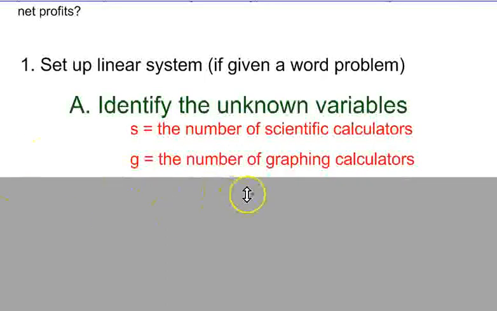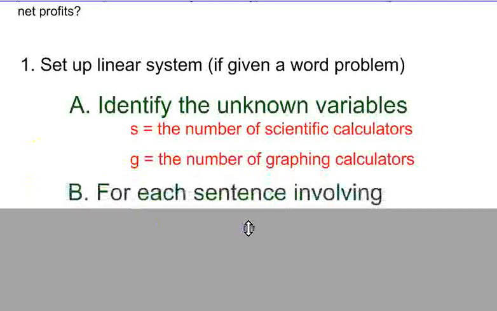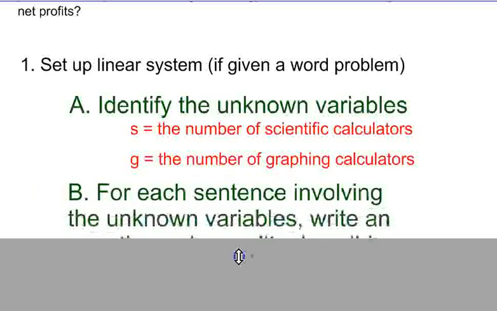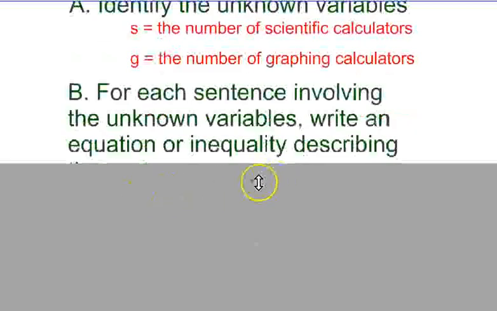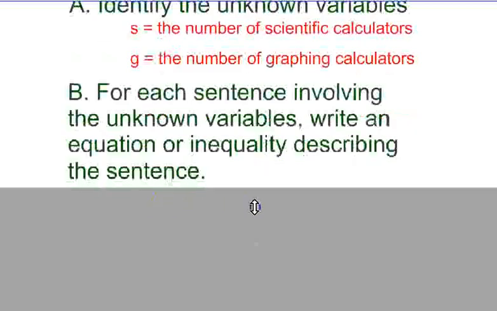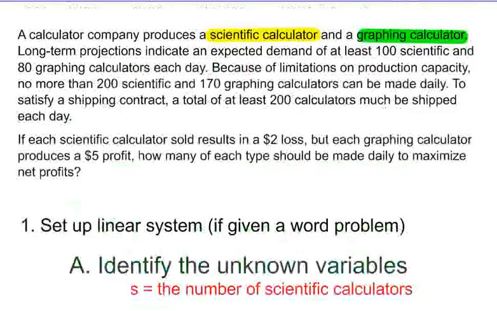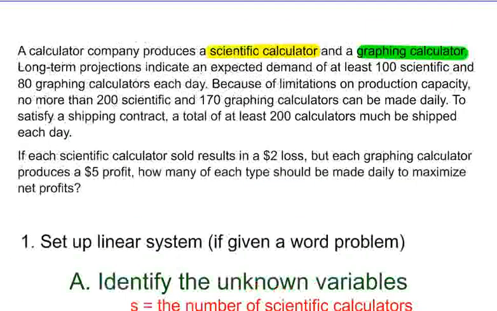The second step is to, for each sentence involving the unknown variables, write an equation or an inequality describing the sentence or part of the sentence. That's going to take a little bit more work. Let's take a look at the first sentence.